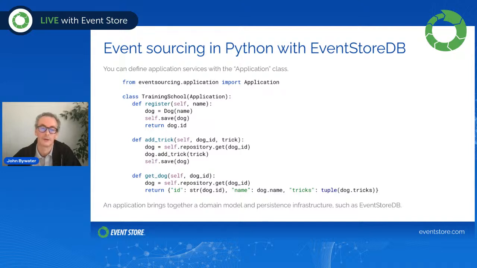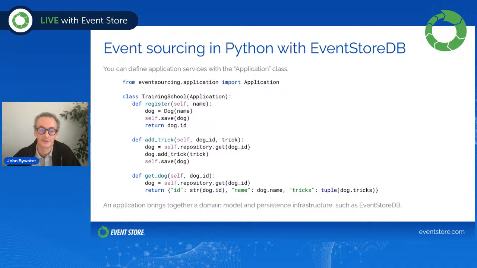The add trick method, you give it a trick, it gets the registered dog, reconstructing the current state from the recorded events. It adds a new trick to the dog and then saves the dog, appending that new event to the recorded events for that dog.